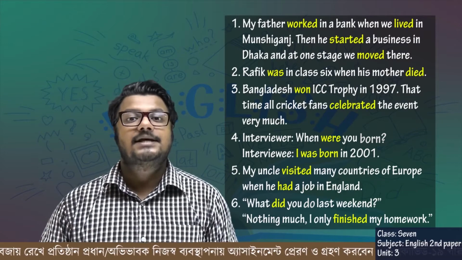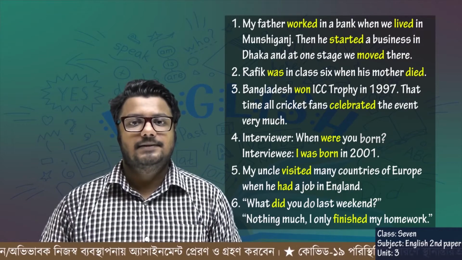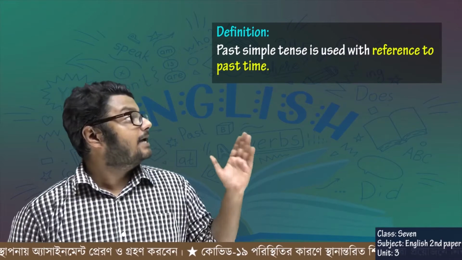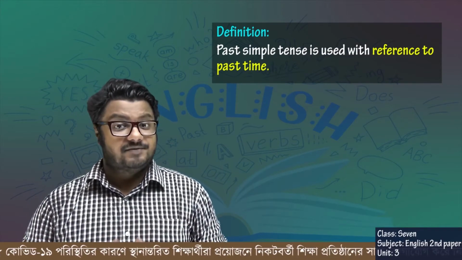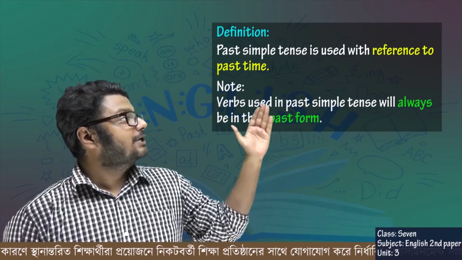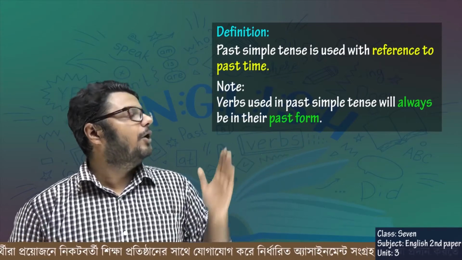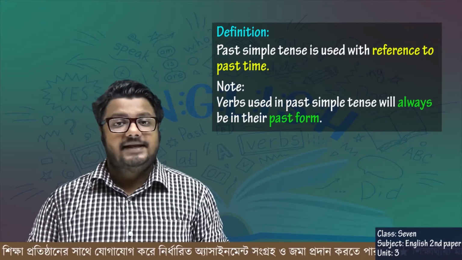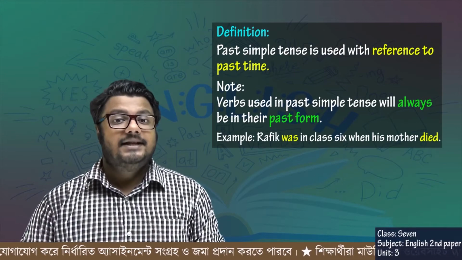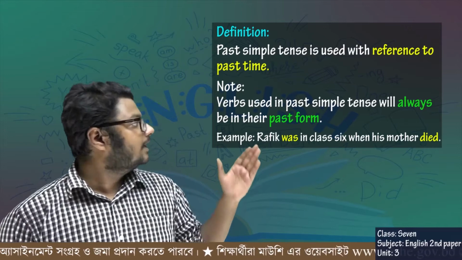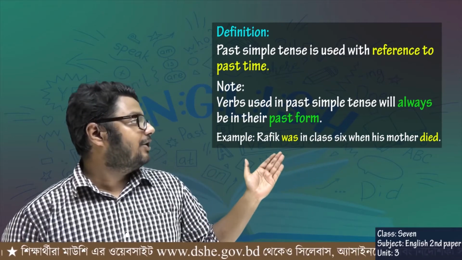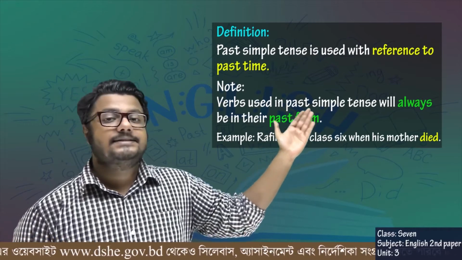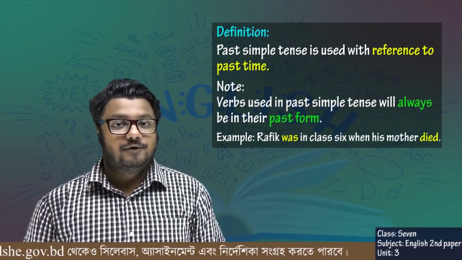But the question is, what past simple tense is? Past simple tense is used with reference to past time. And always remember that verbs used in past simple tense will always be in their past form. For an example, let's see a line that we read in section A. Rafiq was in class 6 when his mother died. Here, the verbs was and died are in their past form.